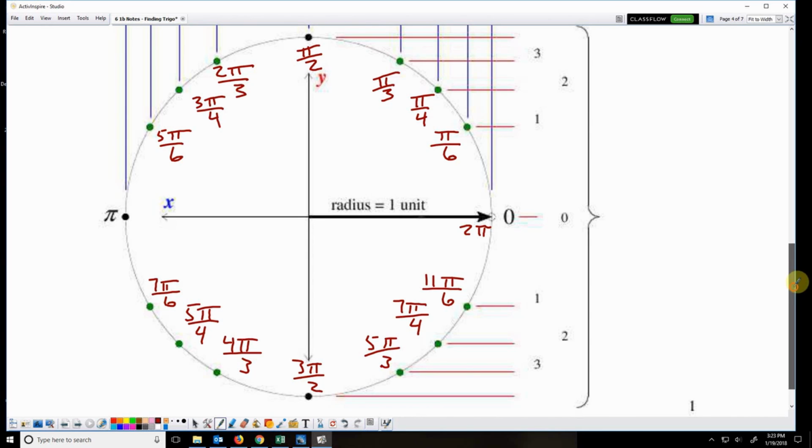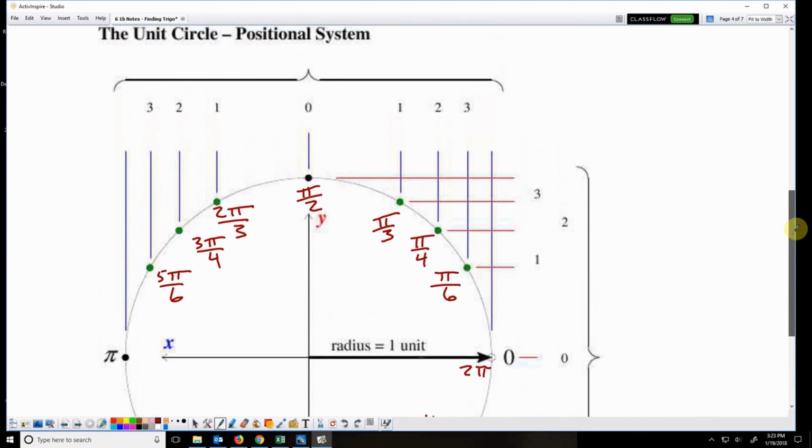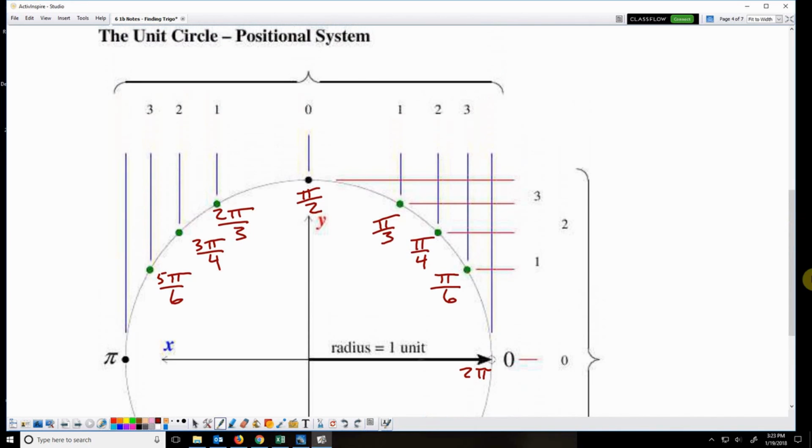Now, to find x and y values so that we can find trig values, sine, cosine, and tangent, here's how I do it. The x values count from the center vertically going right and left. So there's x equals 0.